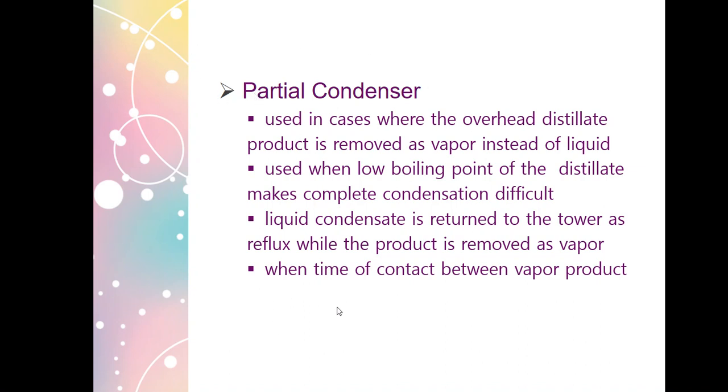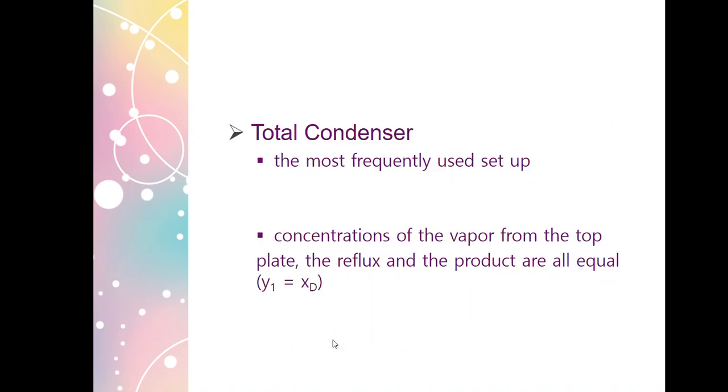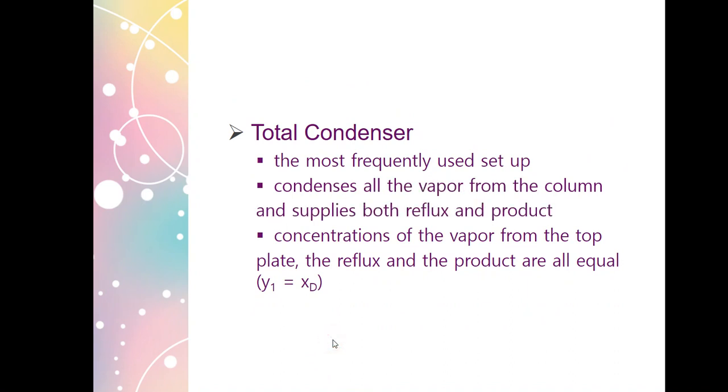When the time of contact between the vapor product and the liquid is sufficient, the partial condenser is considered another theoretical stage. So when we draw the column, our condenser now will be considered as another theoretical stage. That is a partial condenser. What about a total condenser?